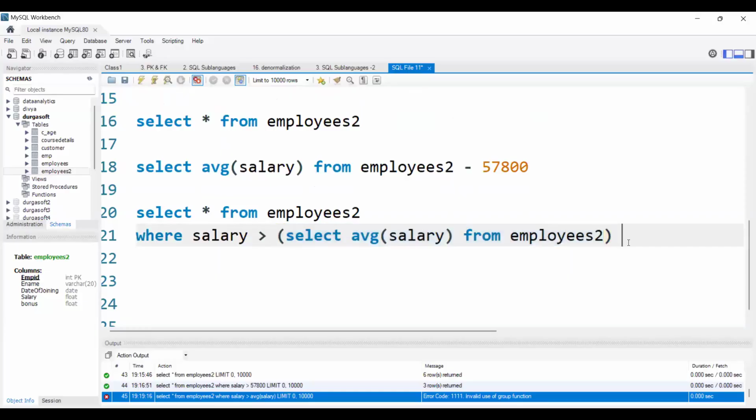Whatever we write inside the brackets, if we write two select statements in one syntax, is considered as a subquery, and the other select statement is considered as the outer query.